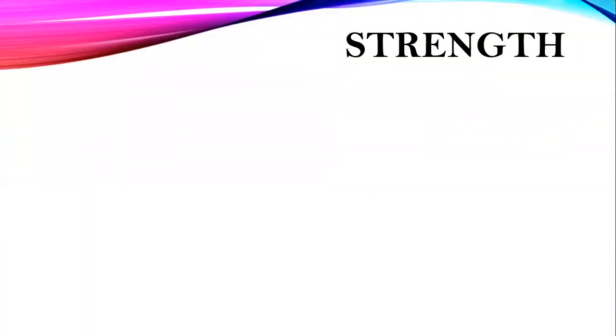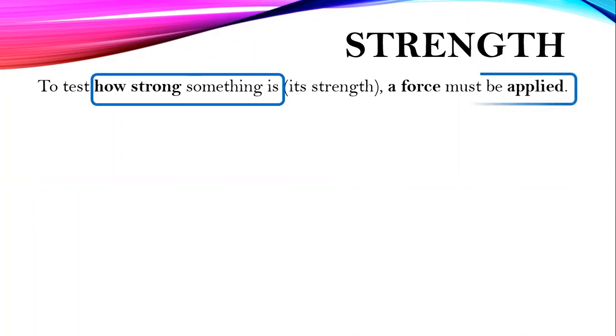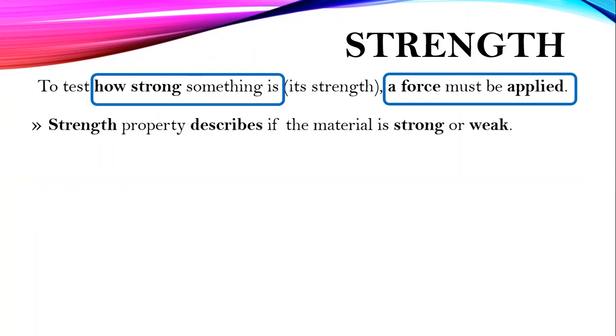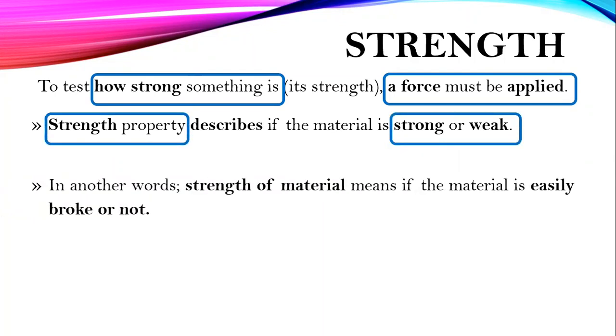Also, we talked about strength and said that if we need to test how strong something is, we must apply a force like push, pull, squeeze, or maybe bend. And we said that strength property describes if the material is strong or weak.